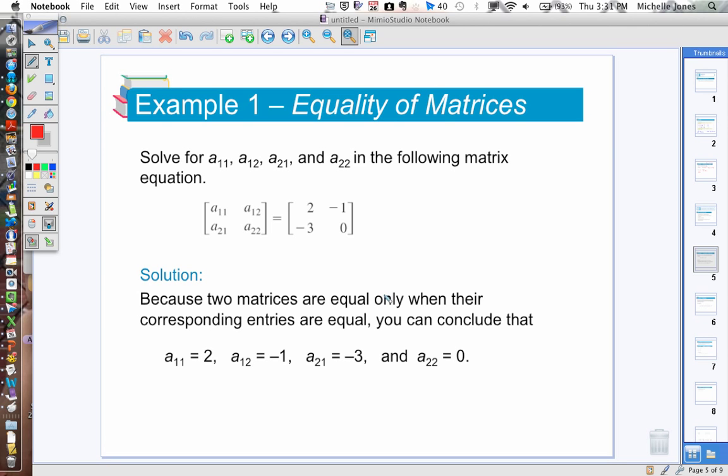Example 1. So, equality of matrices. When defining a matrix, this is row 1 and row 2. And we know that we define their dimensions row by column. So you can write your matrix's values by locations. This is location A sub 1,1. It's row 1, column 1.